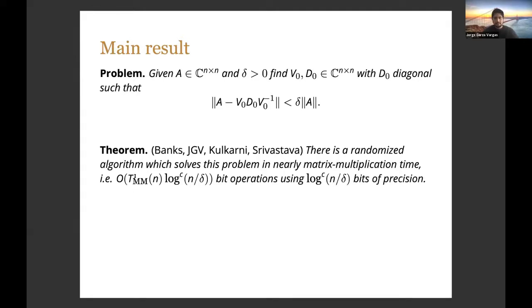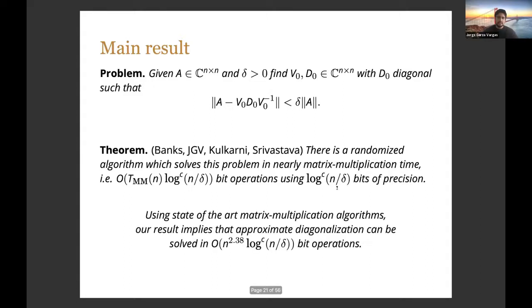Then this result says that you can solve this problem in this number of bit operations using only polylog n over delta bits of precision. Using state-of-the-art matrix multiplication algorithms, you get this dependence in the number of bit operations. And as you can see, this is even an improvement in the Hermitian case.